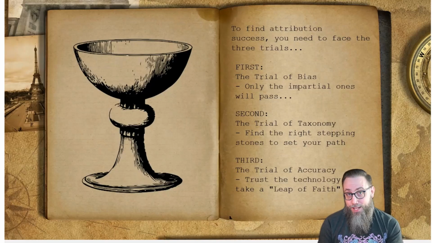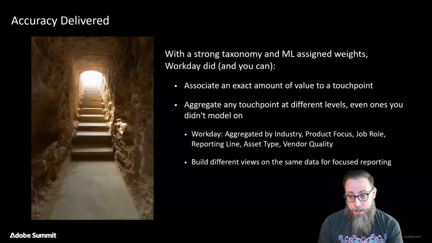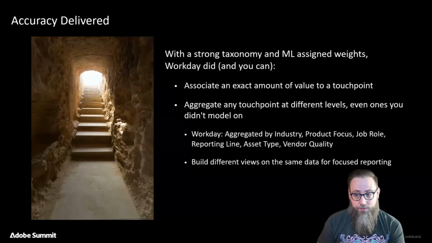So again, you should watch the whole thing and not listen to me anymore. But when they talked about all that accuracy being delivered and having the right weights assigned, what that enables is associating the exact amount of value to a touch point, like an amount of pipeline, an aggregate of revenue, and aggregating any touch point at different levels, even the ones we didn't necessarily model on.